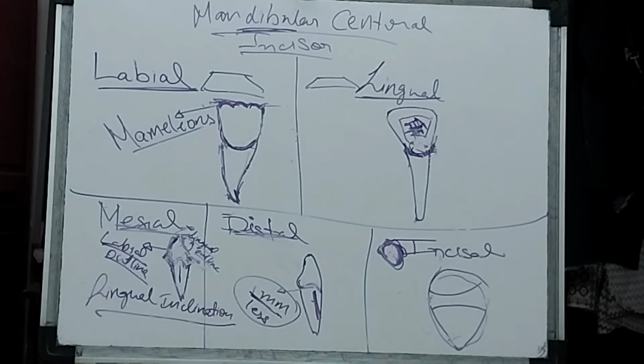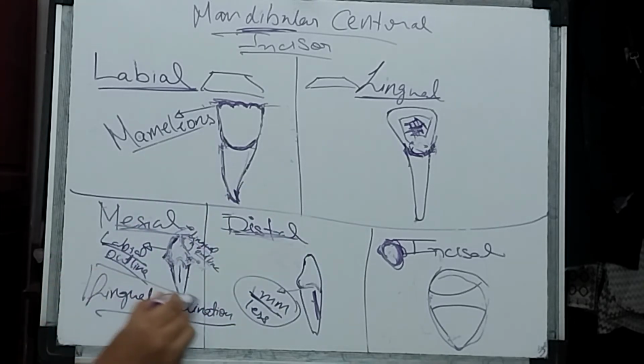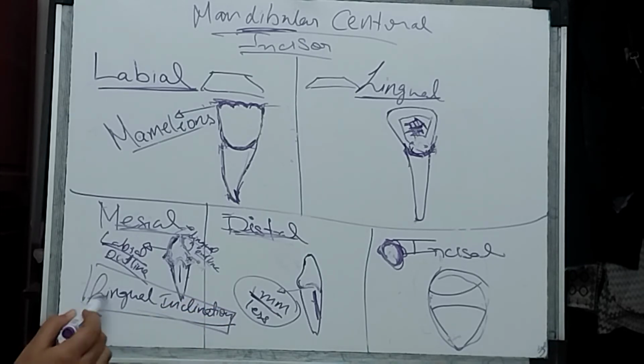Why is that? Because there is a lingual inclination of the crown. It is lingually inclined, tilted, it is bent that side. That is why the labial side is seen more. That is why the labial is wider than the lingual surface.